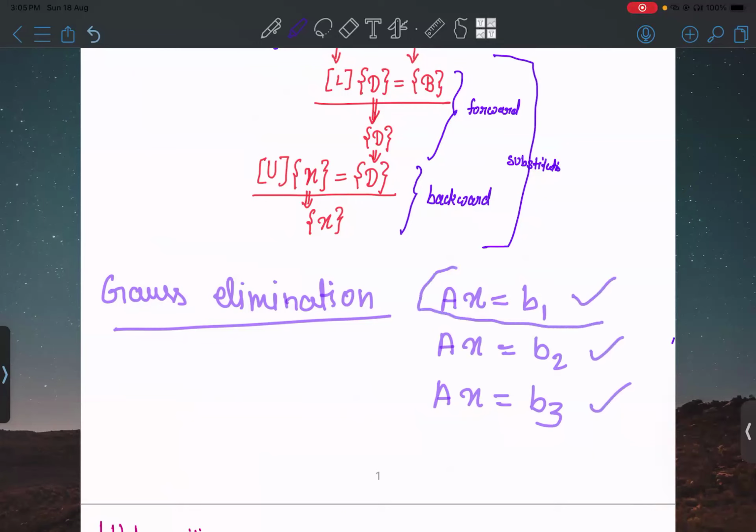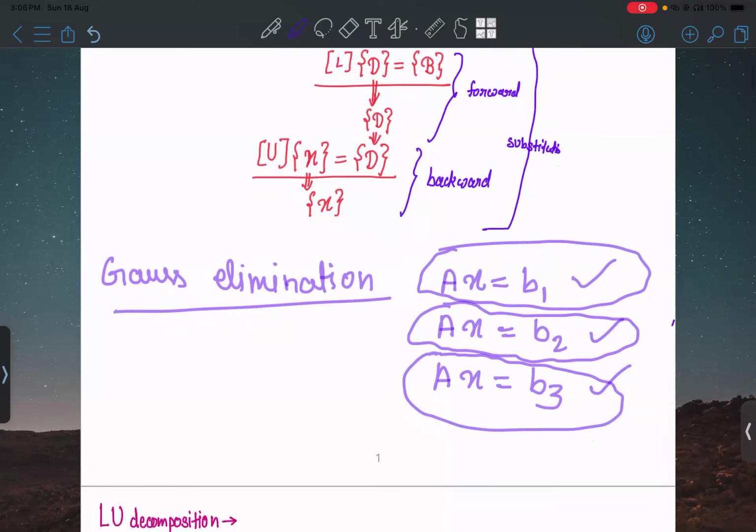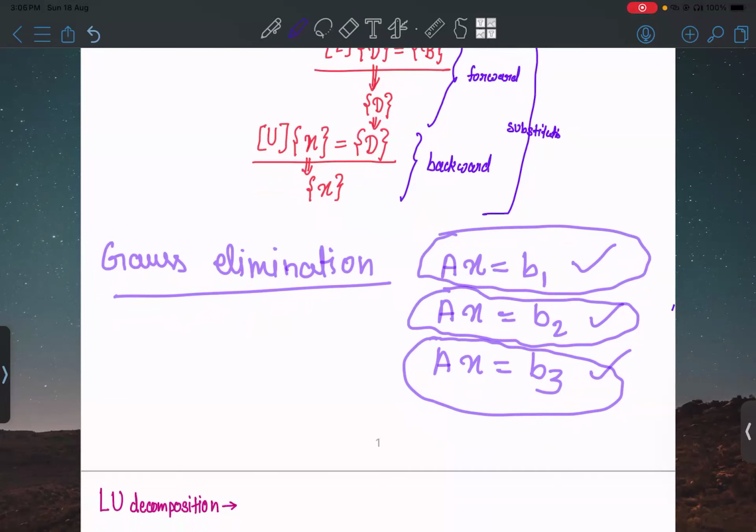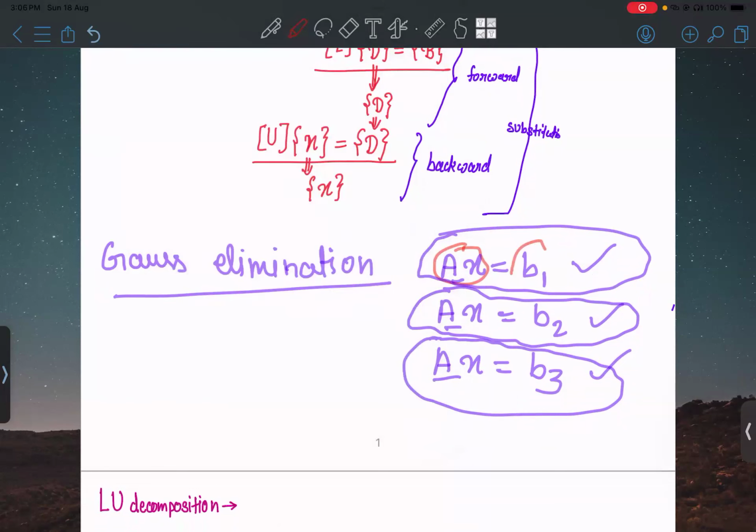But each equation will involve a set of calculations. Similarly, this equation will also involve the same set of calculations, and this one will involve the same kind of calculations. But since A is the same in all three equations, if we can do something with the A term and then use B1, B2, B3, we can try to save the calculation involved.